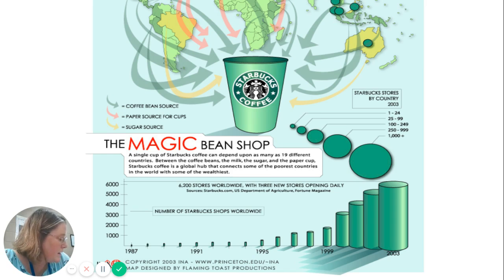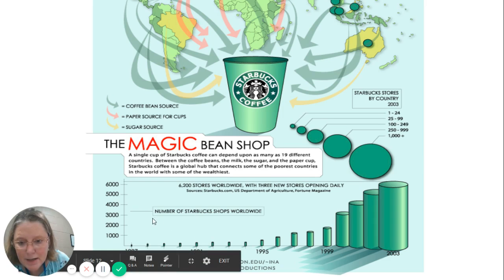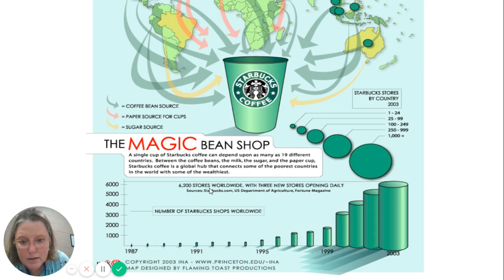Then the next one is facts. What facts are we getting from this infographic? Over here, it talks about how many stores they have per country. Then down here, it talks about the number of Starbucks worldwide, and the source of their coffee beans, the source of their cups, and the source of their sugar.